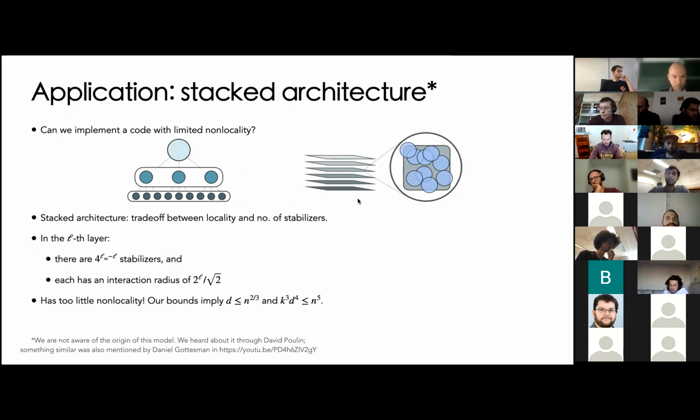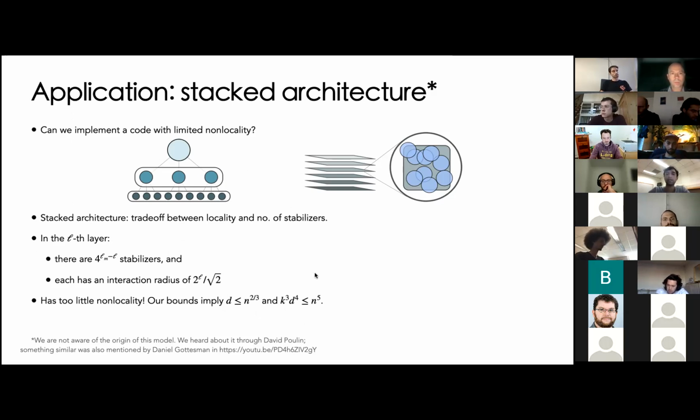And what our bounds are able to show, simply by these lower bounds that we had on the amount of non-locality that you needed, is that there is a strict bound on the distance of this code. So this is ignoring constants and log factors, but the distance scales as n to the 2/3. So almost like a 2D stack architecture behaves like a 3D local code in some sense, as far as we know.